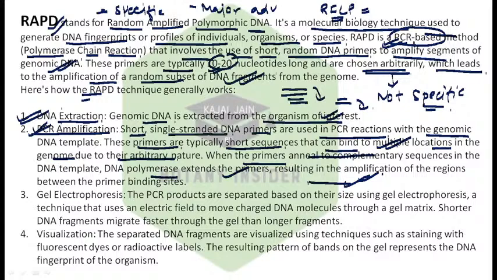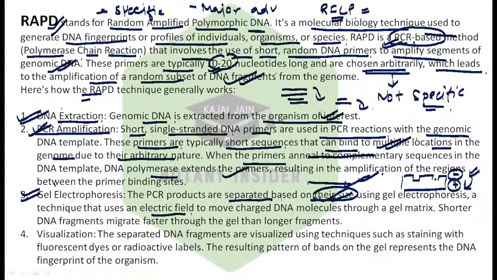Okay. Then we perform gel electrophoresis. What we do in gel electrophoresis is that it separates the molecules on the basis of their size. Okay. And this technique uses an electric field. In running gel electrophoresis, we run the fragments from the negative direction to the positive direction because we know that our DNA is negatively charged.